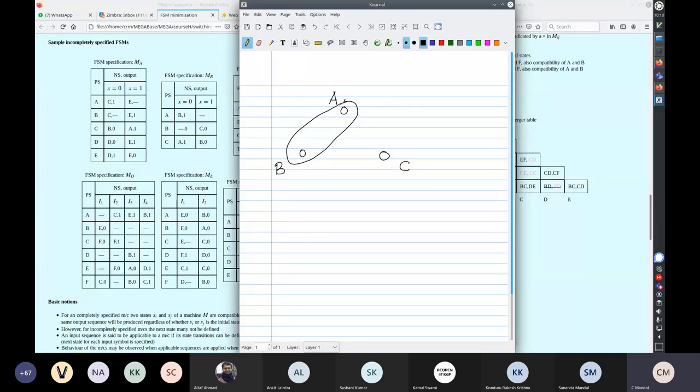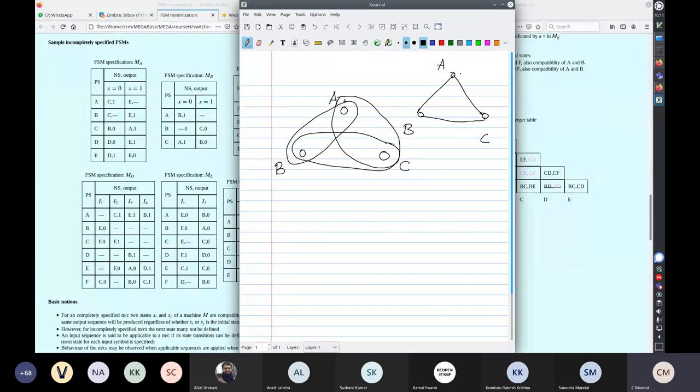And let us say A and C are compatible. Now, if also B and C are compatible, this can be simply represented in this manner. You can represent it by an edge. A and B are compatible, A and C are compatible, and B and C are compatible.